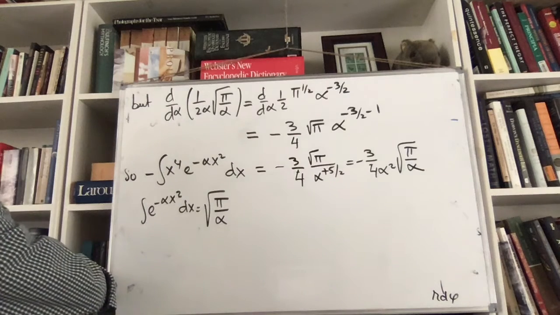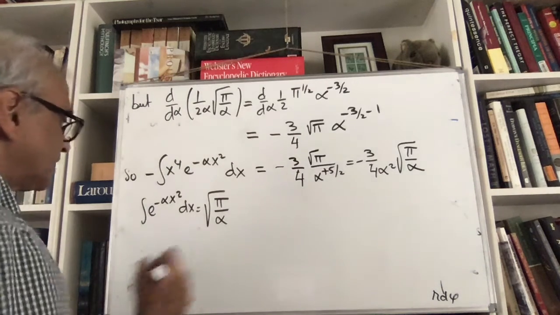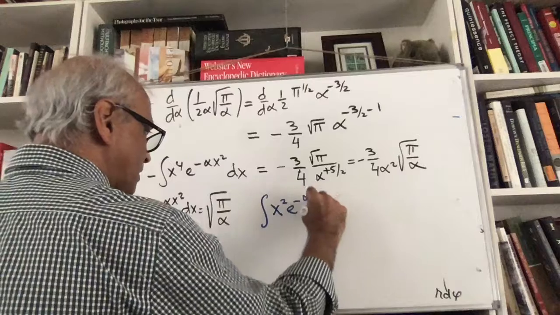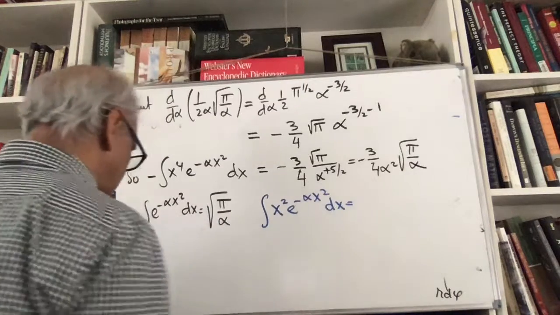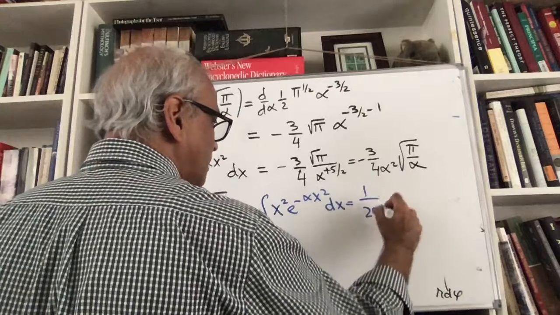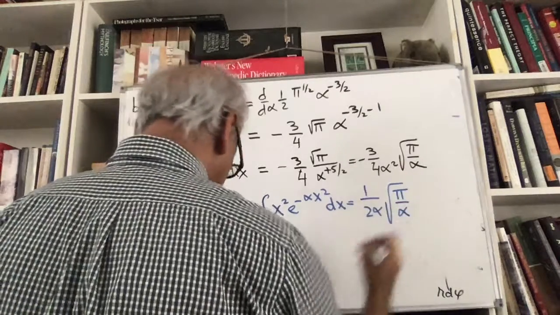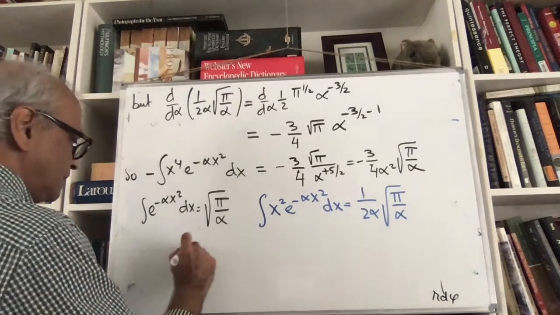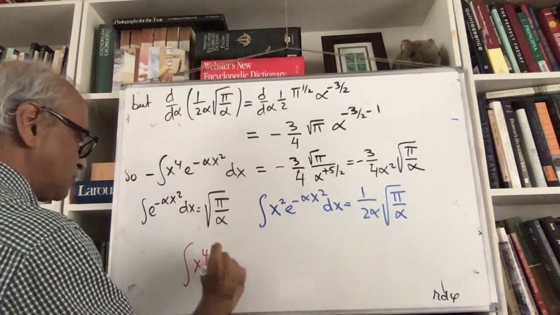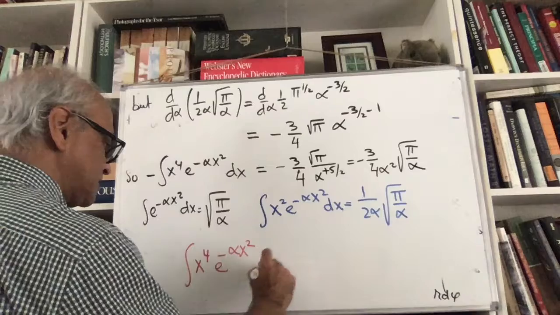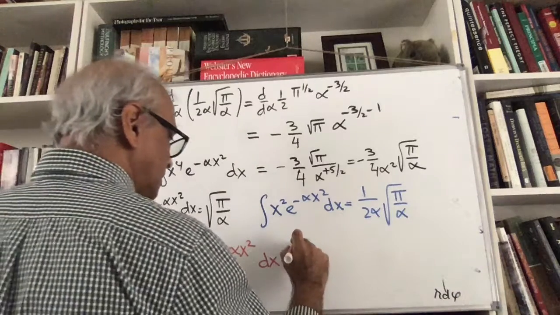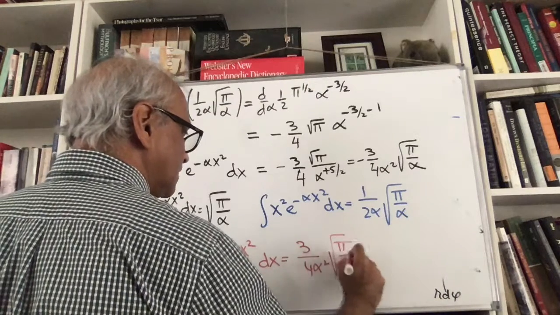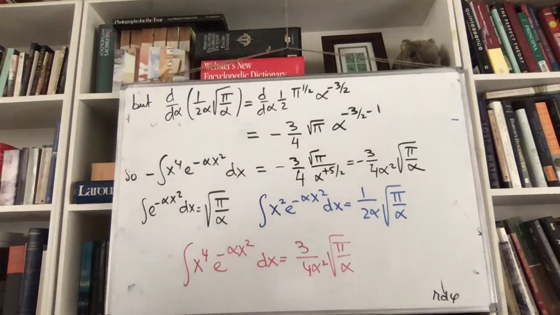So the second one is x squared e to the power minus alpha x squared dx. That gives you 1 over 2 alpha root pi over alpha. And the third one is x to the power 4 e to the power minus alpha x squared dx. And that gives you 3 over 4 alpha squared pi over alpha, right? Really interesting.